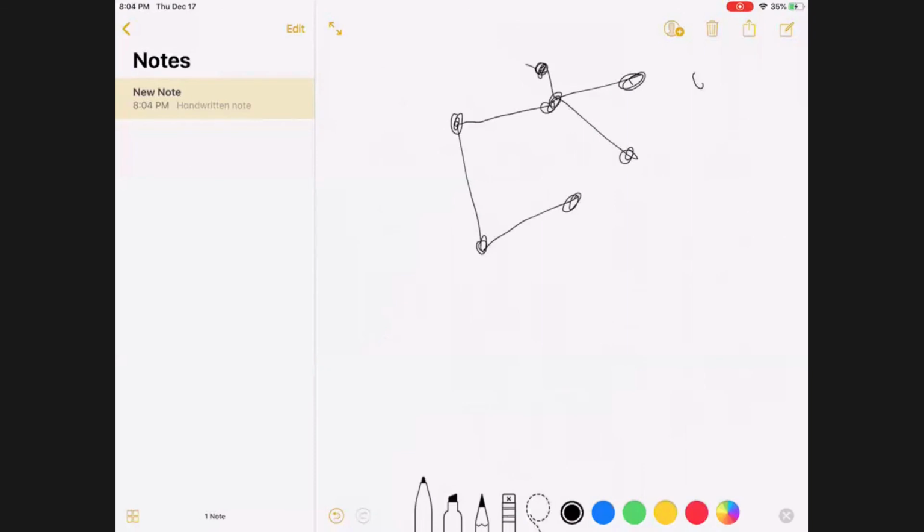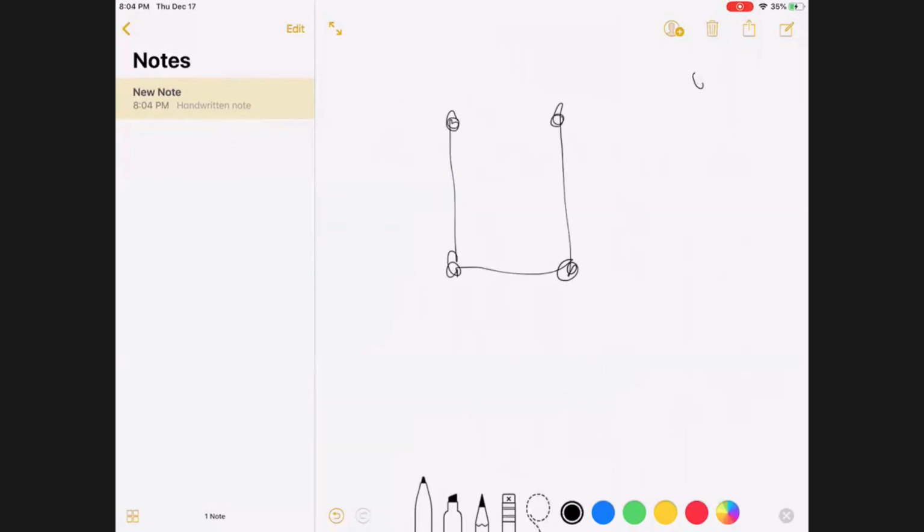We'll have to sort this out. Let me just draw a simpler graph where every vertex has even degree. We'll draw a square. I don't think this is going to work. We'll just draw a square. And the idea is that, well, obviously all of these have degree 2.